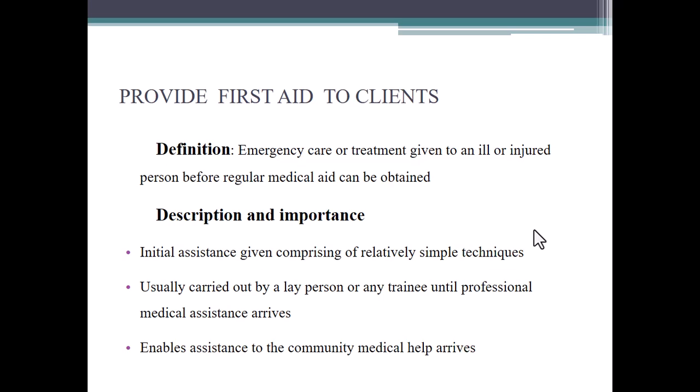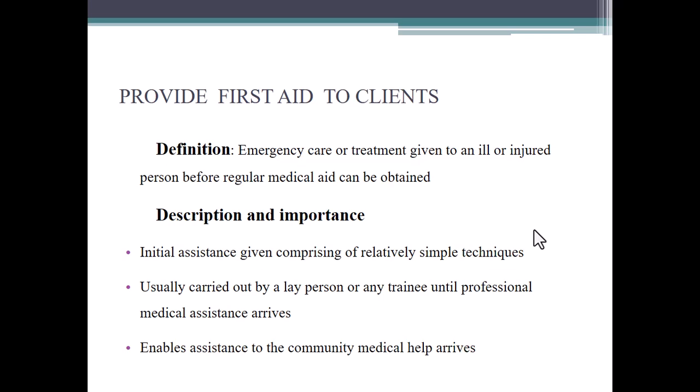So description and importance. Initial assistance given, comprising of relatively simple techniques, is first aid. And usually it is carried out by a lay person or any trainee until professional medical assistance arrives. That's first aid.